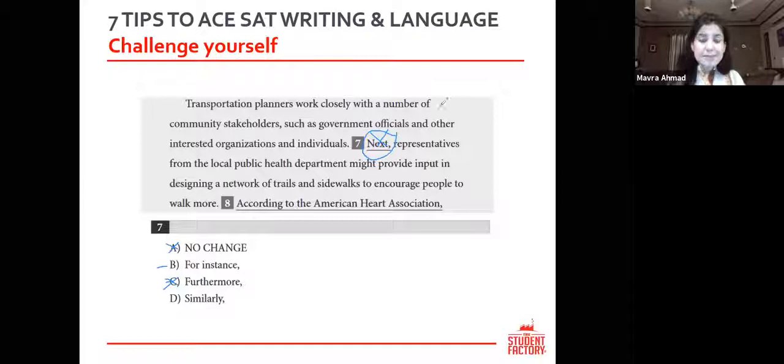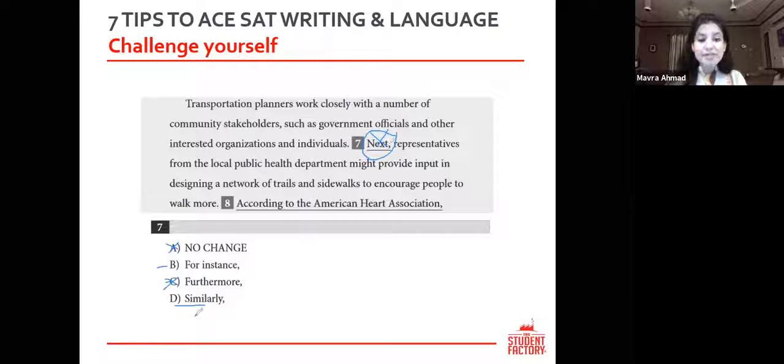Similarly, now some people may find it correct, but the problem with similarly is that the transition word similarly provides a comparison or contrast with the previous sentence. We are not making any comparison or contrast here, we are simply providing an example of how transportation planners work with community stakeholders such as government officials and interested organizations and individuals.